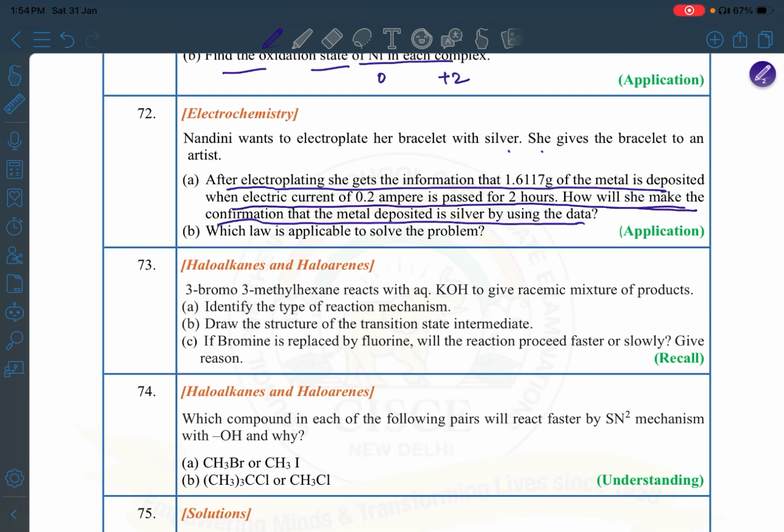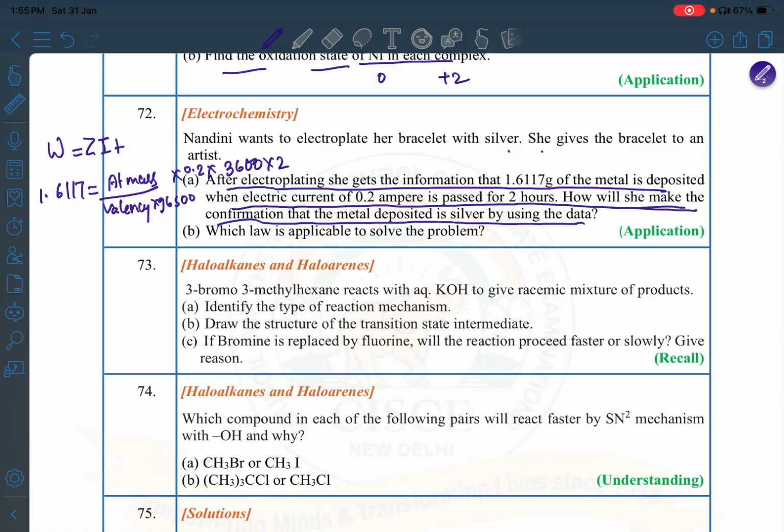According to Faraday's law, W equals ZIt. W is given as 1.6117. Z is atomic mass divided by valency multiplied by 96500. Current is 0.2 ampere and it is passed for 2 hours, which is 3600 seconds multiplied by 2.